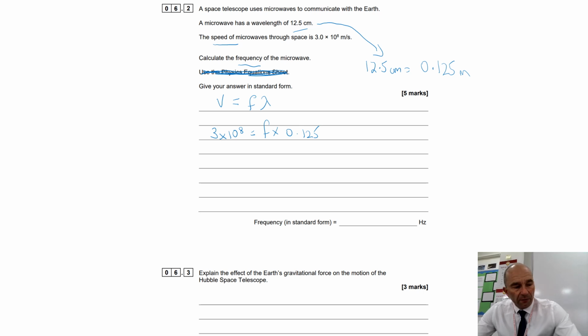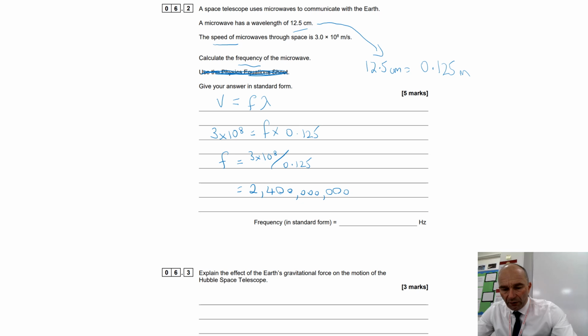Make frequency the subject of the equation, and we end up with 3 times 10 to the power of 8 divided by 0.125. That's going to give us a very big number, and as a regular number that comes out as 2,400 million.